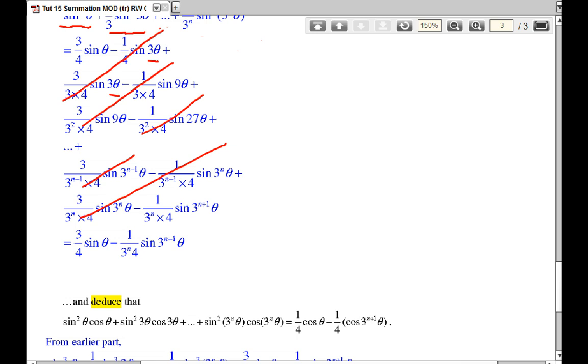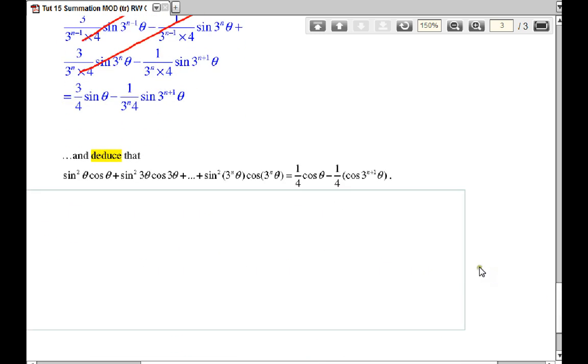To answer Phoebe's question, so it starts from 3 to the power of 0. I suppose you could say that. Yep, fine. Okay, the very last part, which is, again, always difficult.